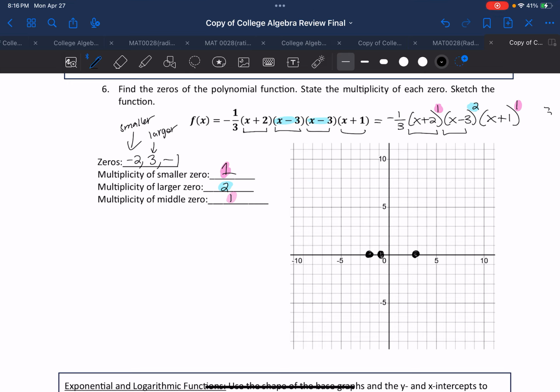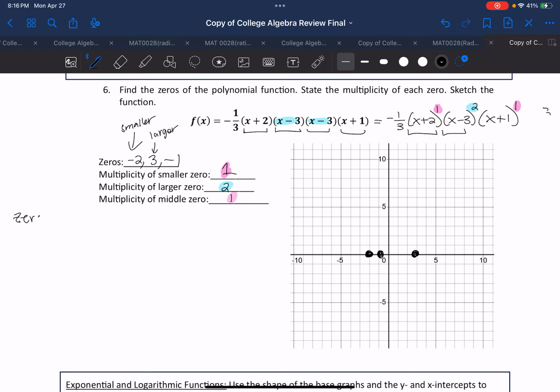So for the smaller zero, or the zero equal to negative 2, the multiplicity was odd, because it's 1, which means it'll cross at that zero.